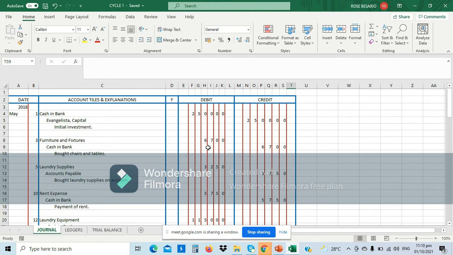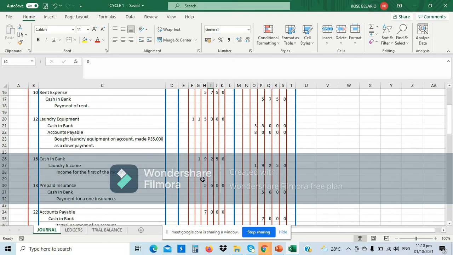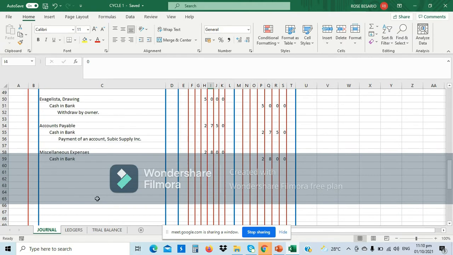So there is no need to place those peso signs, commas and periods. These columns also have specific values. For example, this is the peso column, this is the tens column, and this is the hundreds column, and so on. So it's already understood that this is the amount. Okay? And then we're done with our journal entry.